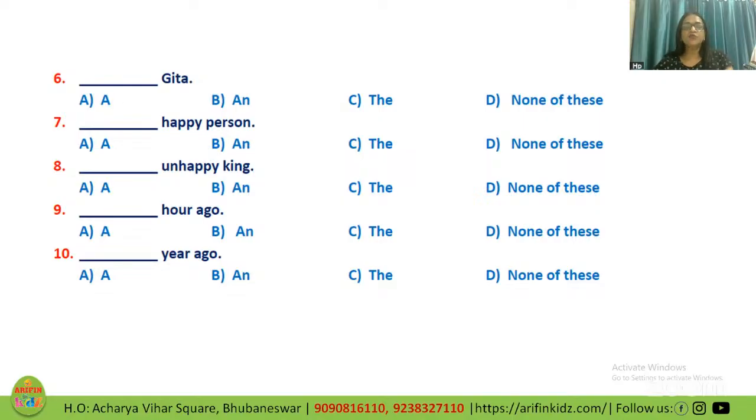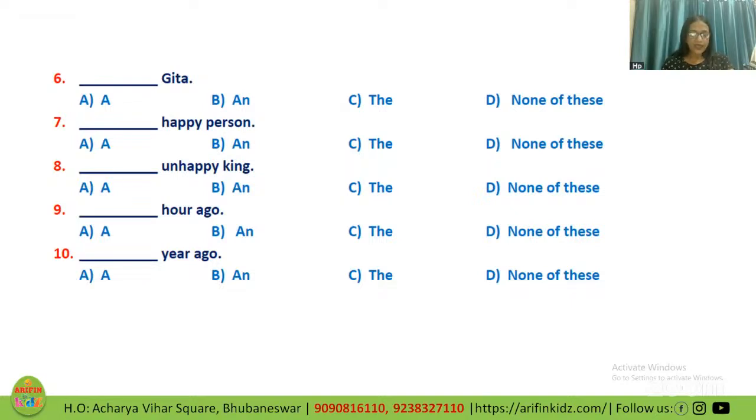Okay. Let's come to question number 8. Dash unhappy king. Who can say question number 8? Sanjukta, 8C. Shubhexa, 8D. Shibani, 8B.